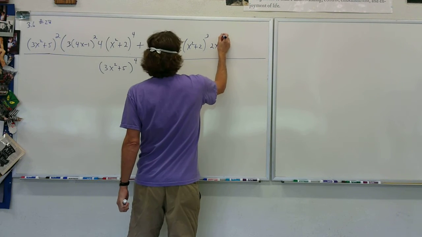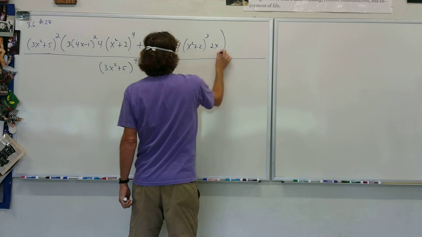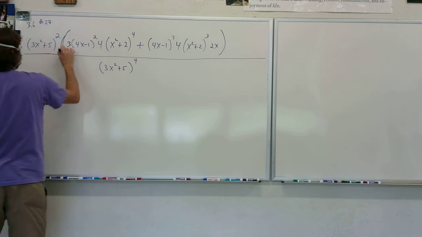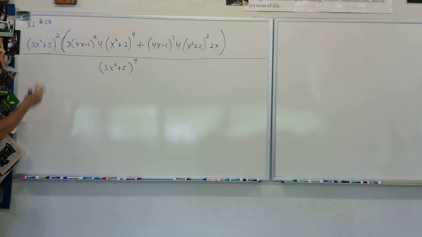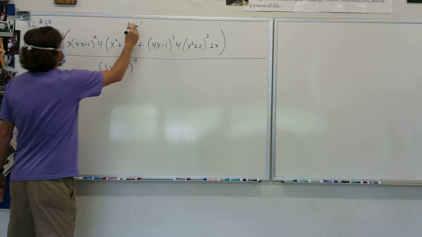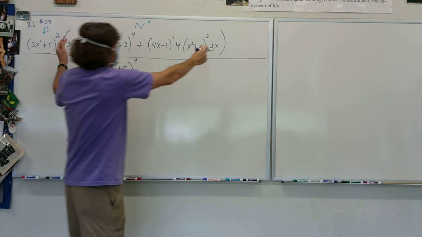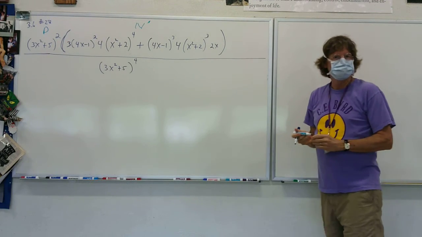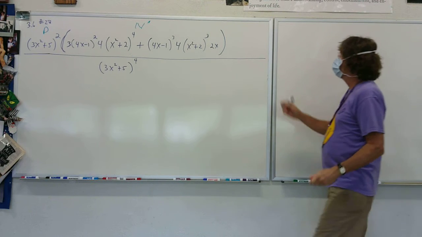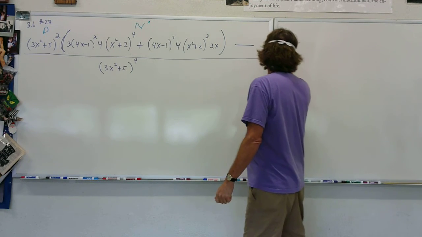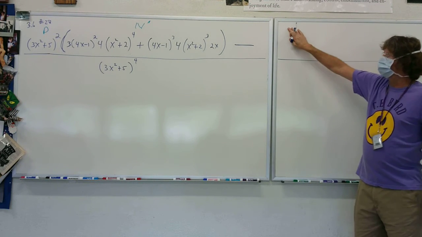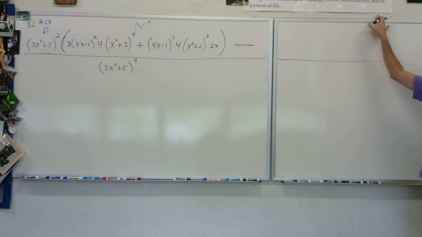Okay, now we're not done, because really all we've done, here's our denominator, here's our derivative of the numerator, which is all of that is the derivative of the numerator, right? So then we have to do what? A minus sign. And then we have to write our what? Numerator and our derivative of the denominator.